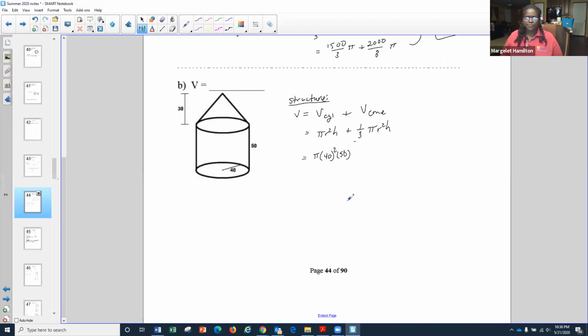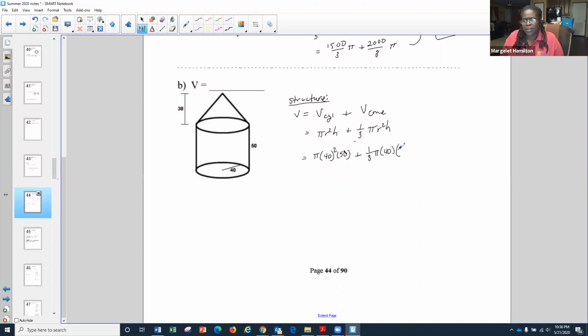Okay. Now let's get that cone. Plus 1/3 pi. Then we have the radius of our cone is 40. And the height of our cone right there is 30.